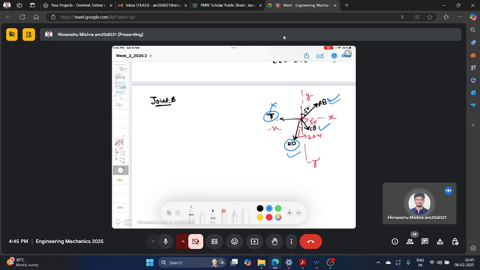So it will be AB cos 50 minus CB cos 50 minus BD cos 27.4 equals 0.